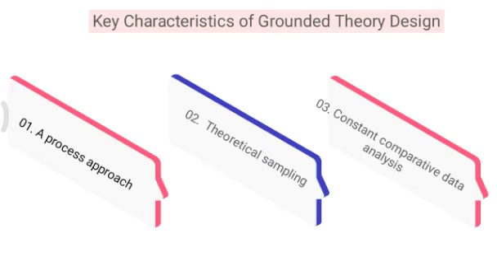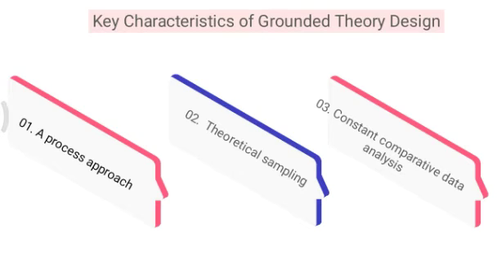A process approach is a sequence of action and interaction among people and events pertaining to a topic. And about theoretical sampling, the researcher chooses forms of data collection that will yield text and images useful in generating a theory.